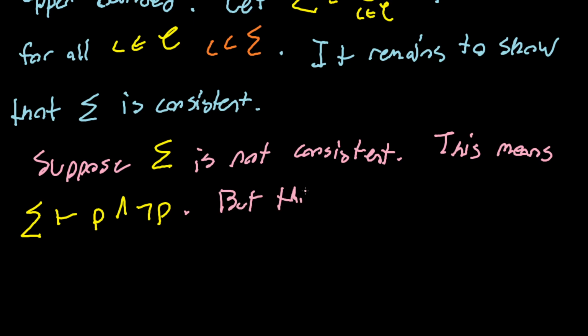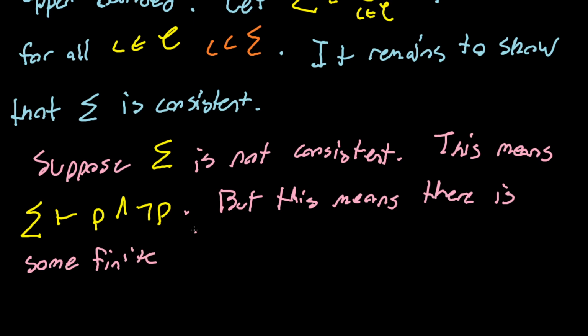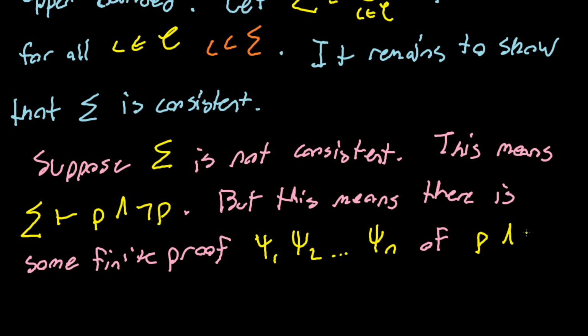But this means there is some finite proof, and I'll call it psi1, psi2, psi n, and this is a finite proof of P and not P. Okay.